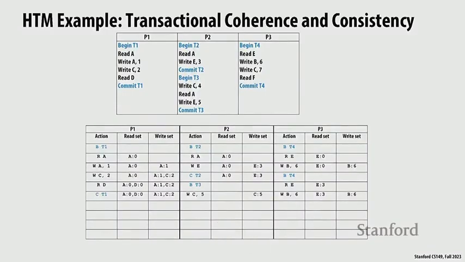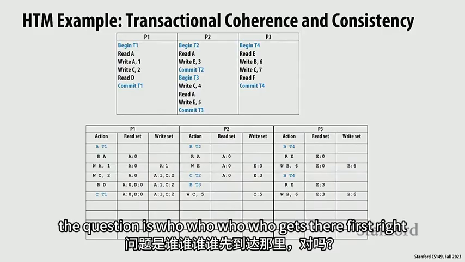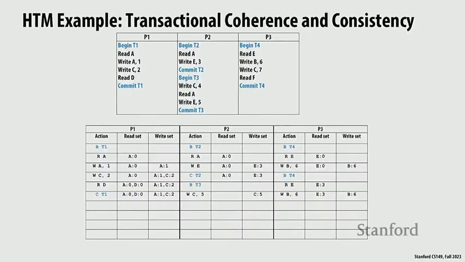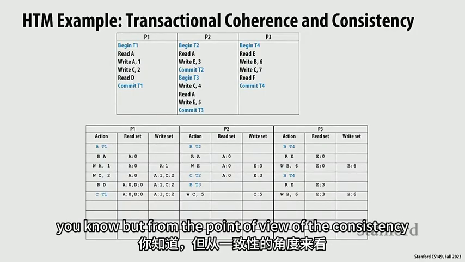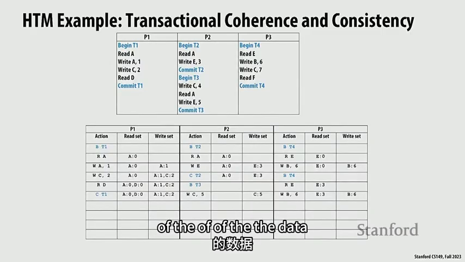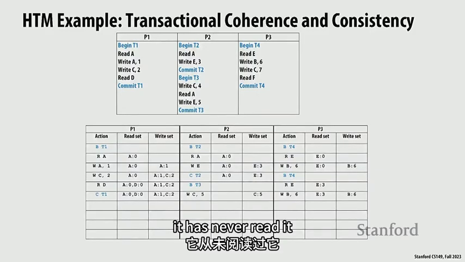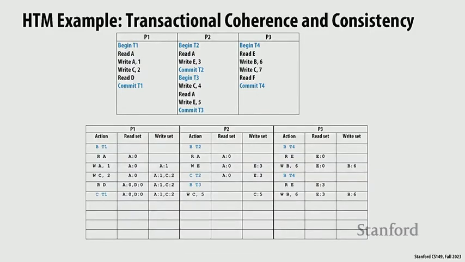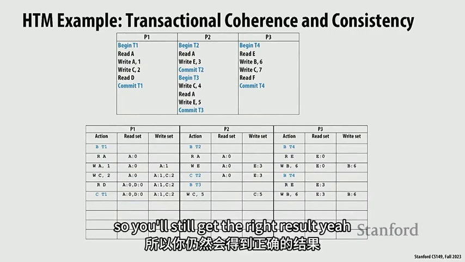Yeah, that doesn't matter. The question is who gets there first, but from the point of view of the consistency of the data, it doesn't matter. It never read it. It just overwrote it. So you'll still get the right result.